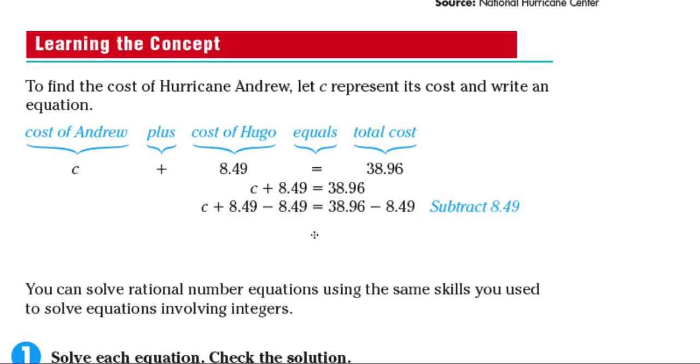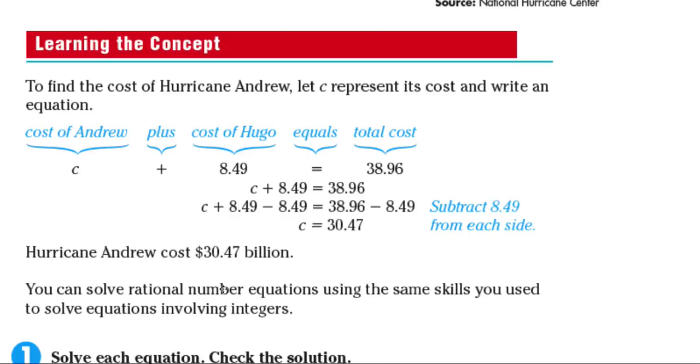Subtracting it from both sides, we end up with C equals 30.47. When we subtract 8.49 from 38.96, we end up with 30.47. Hurricane Andrew's cost is $30.47 billion.